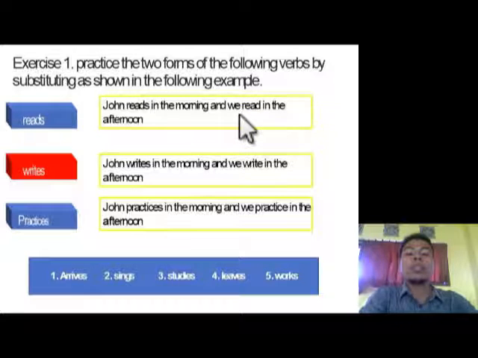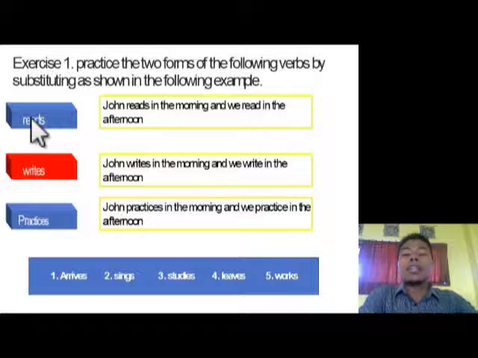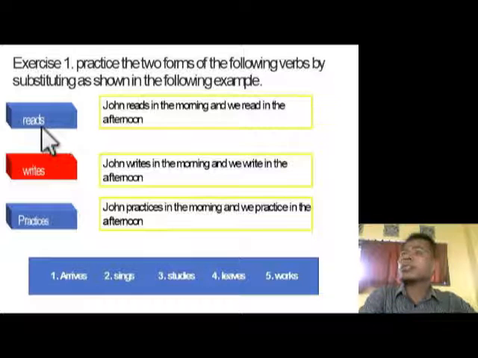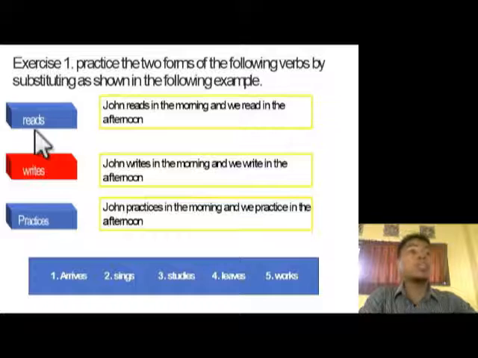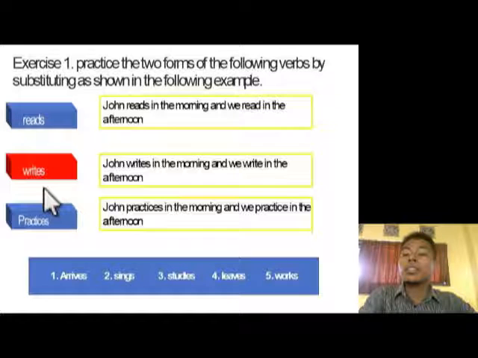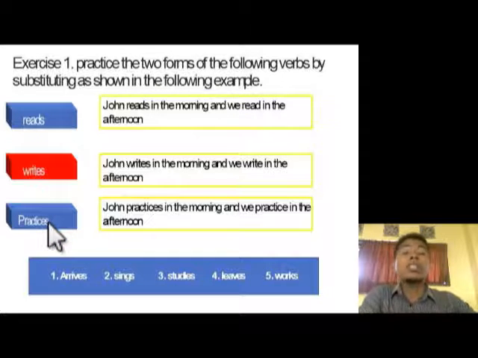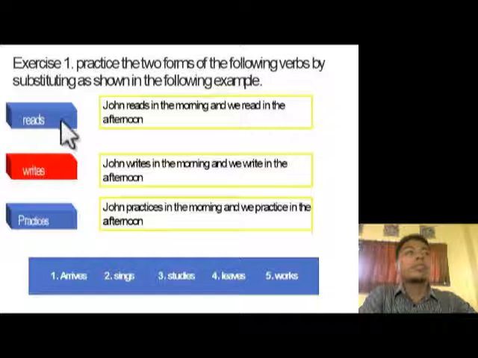Here is the example of the subject. The words derive from the verbs. Verb 1, kata kerja berasal dari kata kerja pertama. I put three examples of verbs here, such as reads, writes, and practice. For example, John reads in the morning and we read in the afternoon.